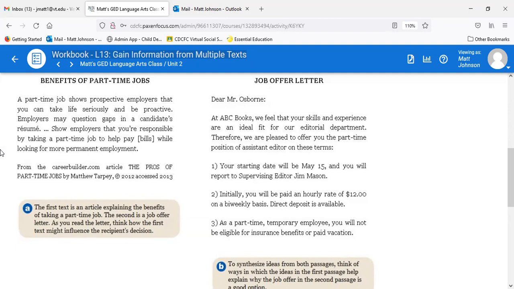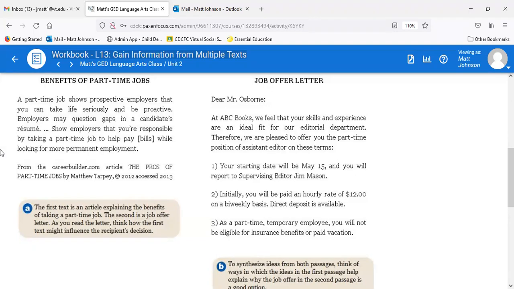And it says over here under the benefits of part-time jobs, the first text is an article explaining the benefits of taking a part-time job. The second is a job offer letter. As you read the letter, think how the first text might influence the recipient's decision.